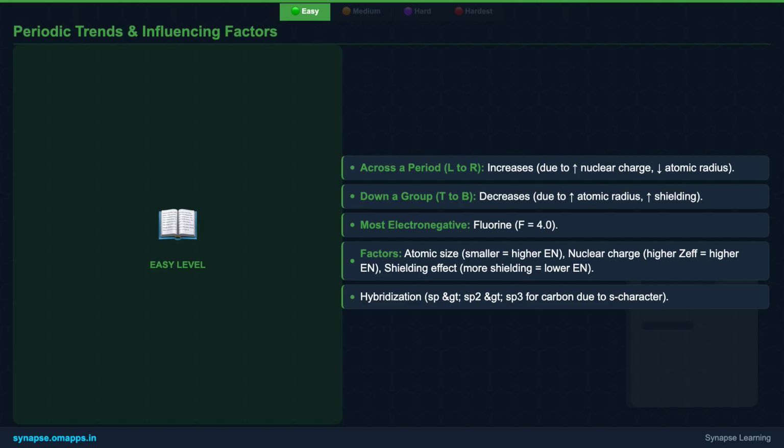But, as you go down a group, electronegativity usually decreases. This is due to increasing atomic size and greater shielding by inner electrons, which weakens the nucleus's hold on the bonding electrons. Fluorine, in the top right, is the undisputed champion with the highest electronegativity, while elements like cesium at the bottom left have the lowest.